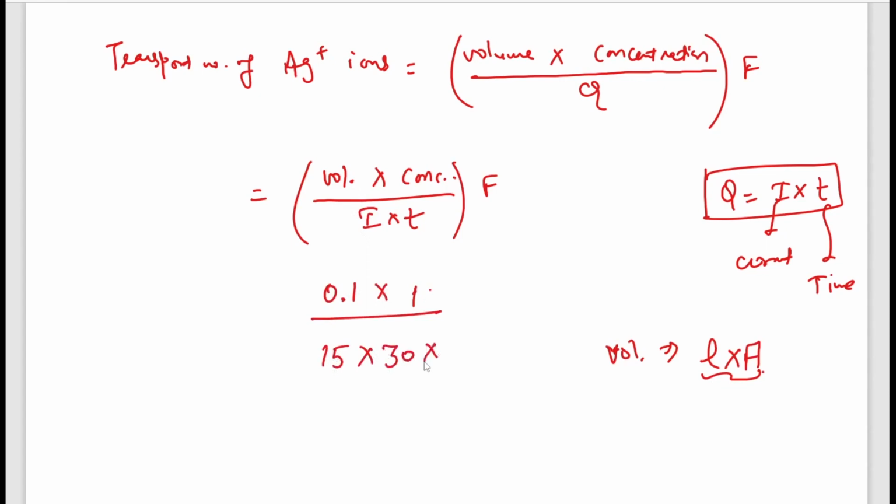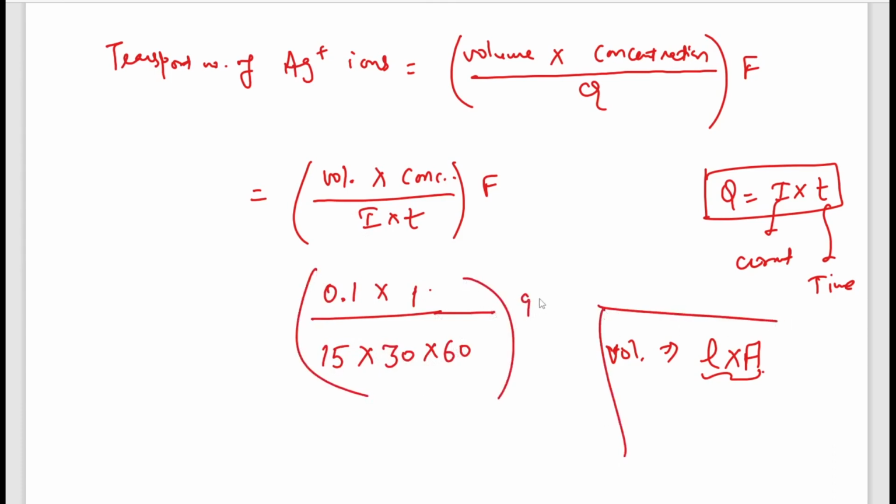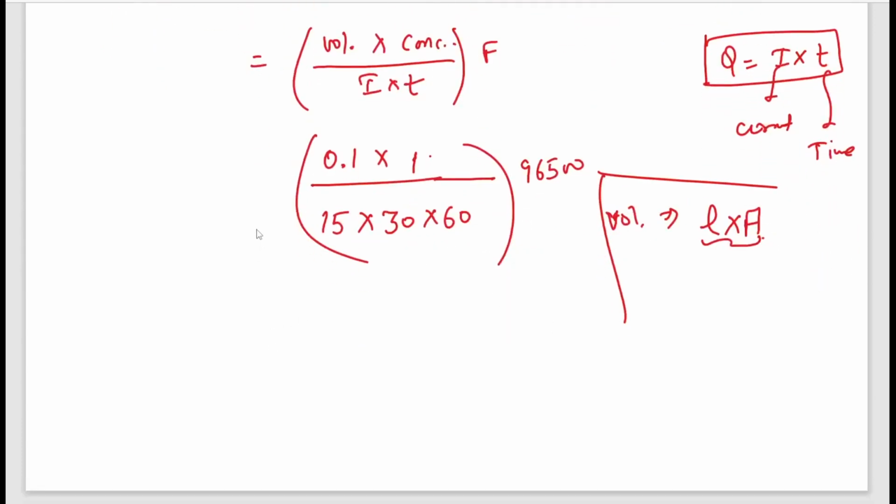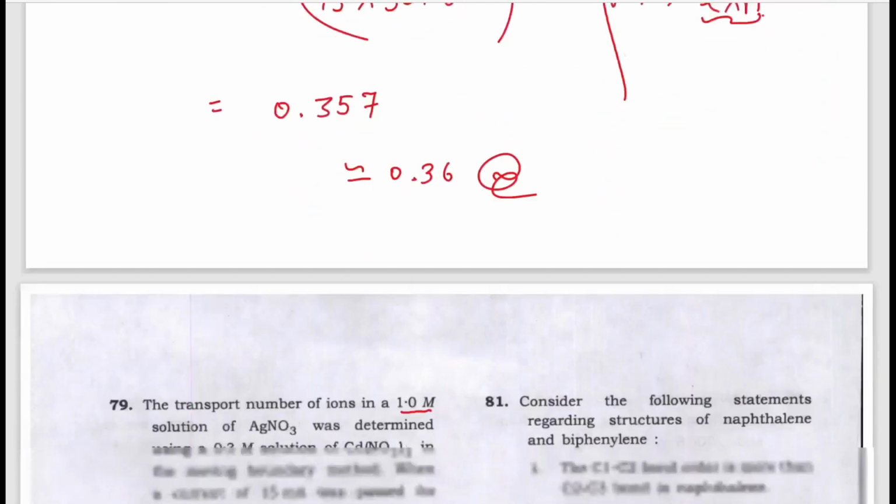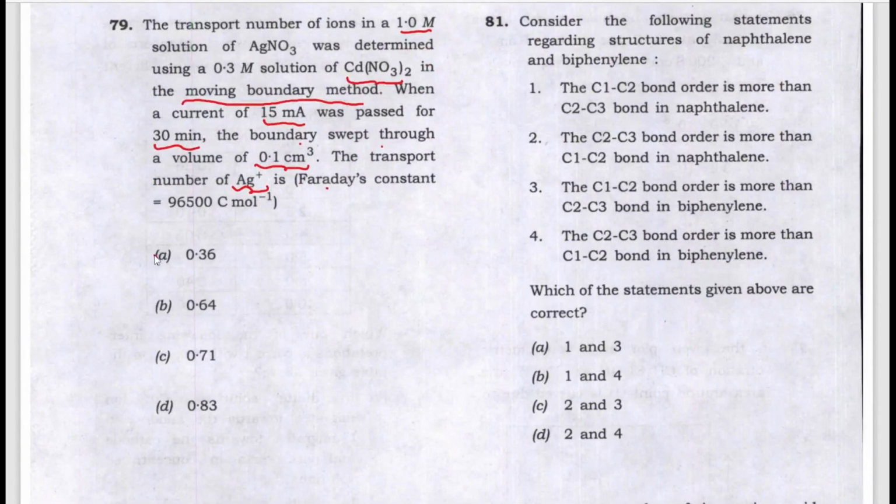We will convert it into seconds. The value of F is 96500. Clear? Now after solving we will get 0.357, that is almost equal to 0.36. This is our final answer. So the correct answer of this question is 0.36.